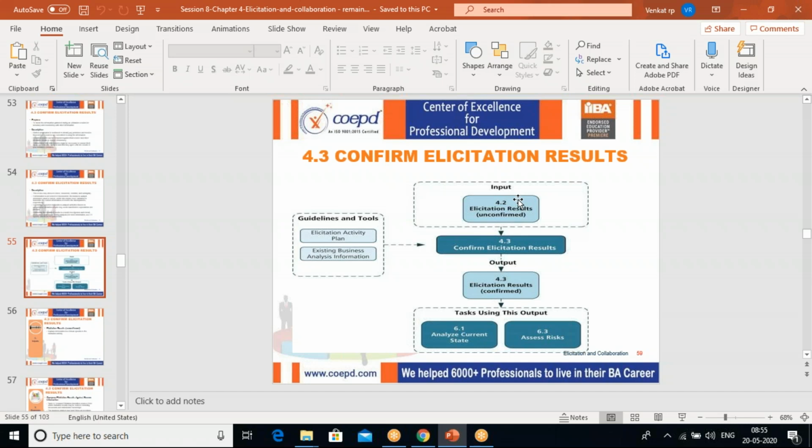It comes as unconfirmed elicitation results that we take as input, and then we do this task, confirm elicitation results, and the output would be elicitation results confirmed. The guidelines and tools which we use here are the elicitation activity plan and existing business analysis information. Based on it we are going to make it up.